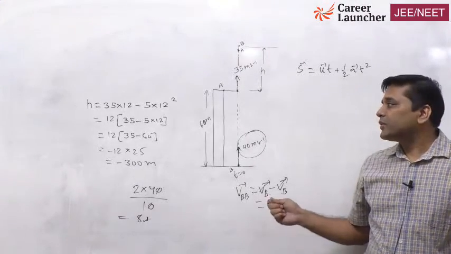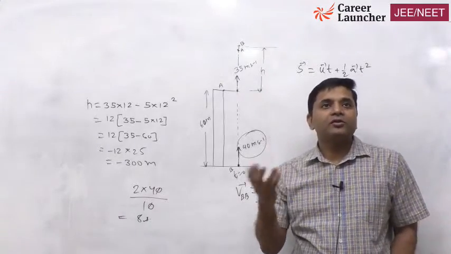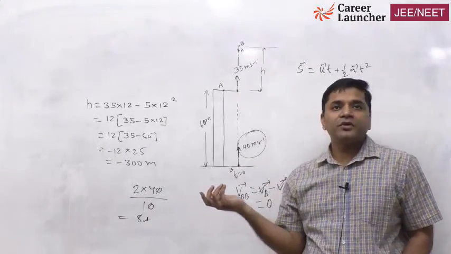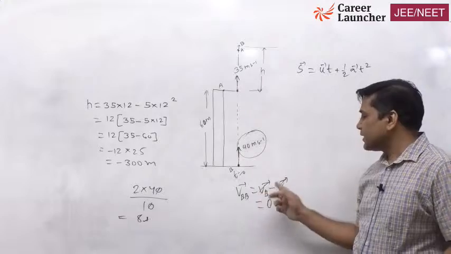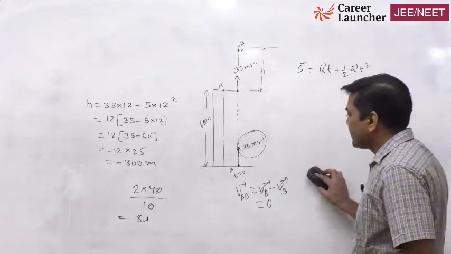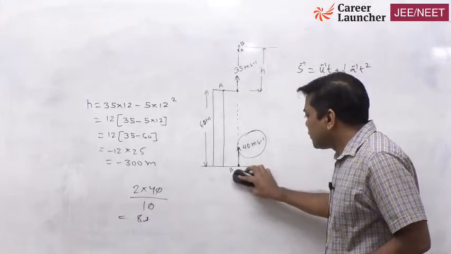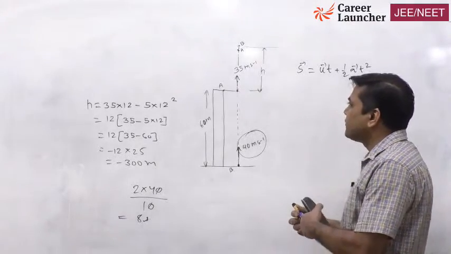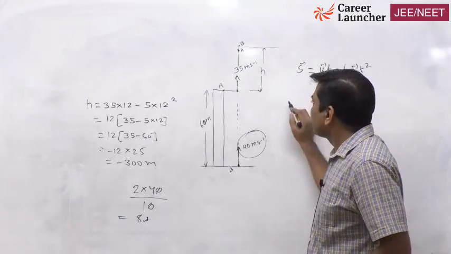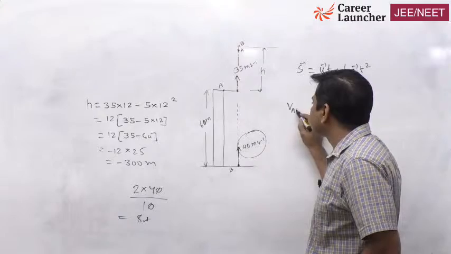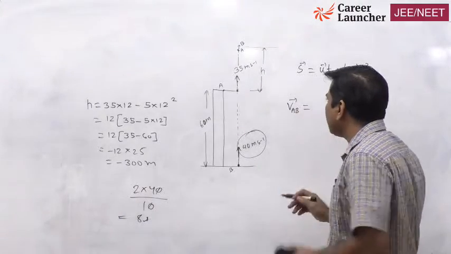So velocity of A with respect to A is also 0. As you know the formula, Vab is Va minus Vb, here both are same, so this is 0. So what we need to do is find the velocity of A with respect to B first.